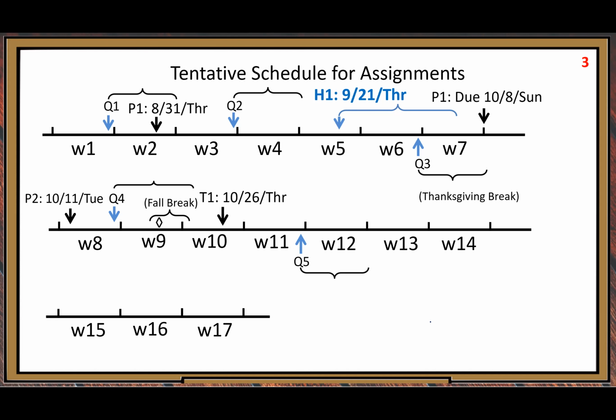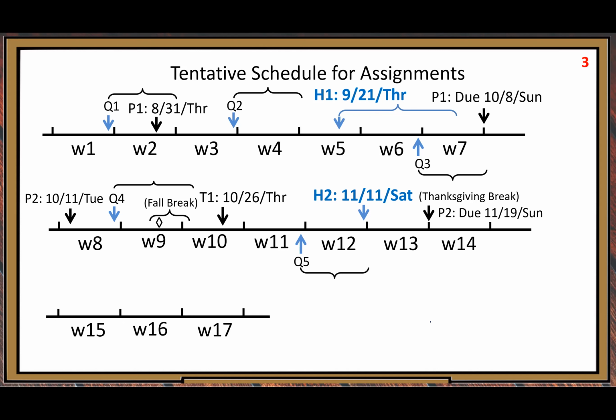Then quiz number 5, week number 11. Then at the end of week 12, our second big assignment, homework assignment number 2, another big assignment, before the Thanksgiving break.